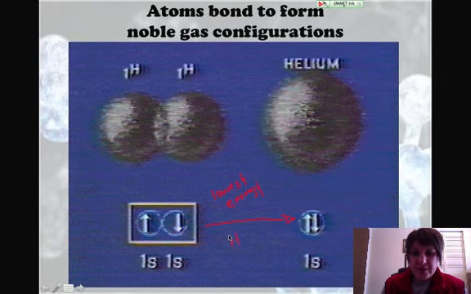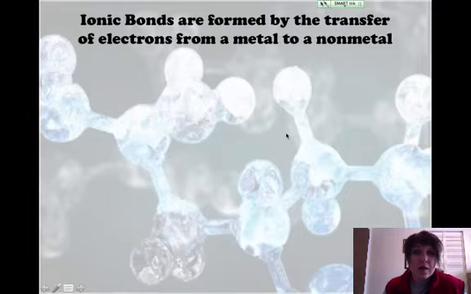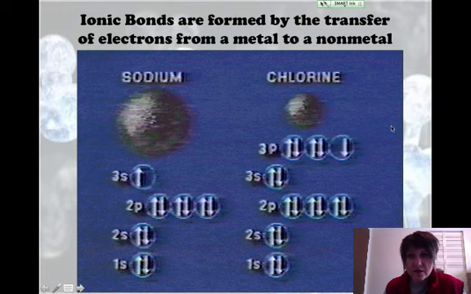And that's why hydrogen, as an element, is a diatomic molecule. They don't hang out by themselves. It's a lot less stable than the two atoms hanging out together. Ionic bonds, on the other hand, are formed by the transfer of electrons from a metal to a nonmetal. So let's look at our most famous example. Sodium and chlorine react to form sodium chloride.